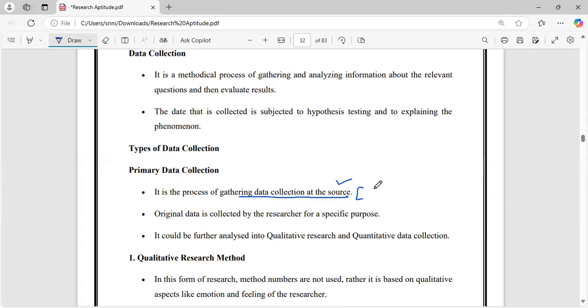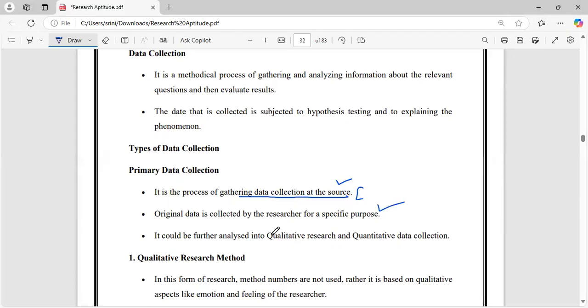If we make a survey, we have to take it from the people who have experienced the problem, who have been affected by it, or who need to seek a solution for it. So original data is collected by the researcher for a specific purpose.